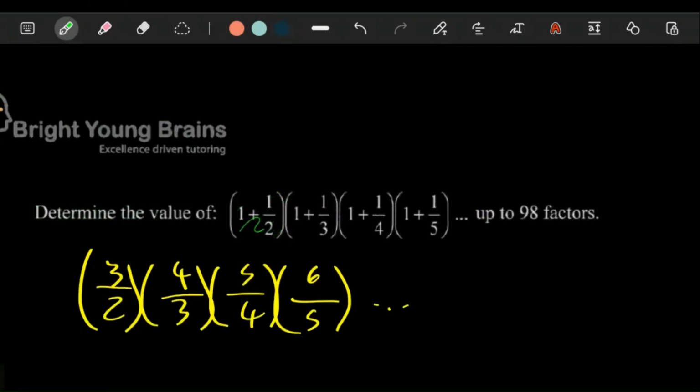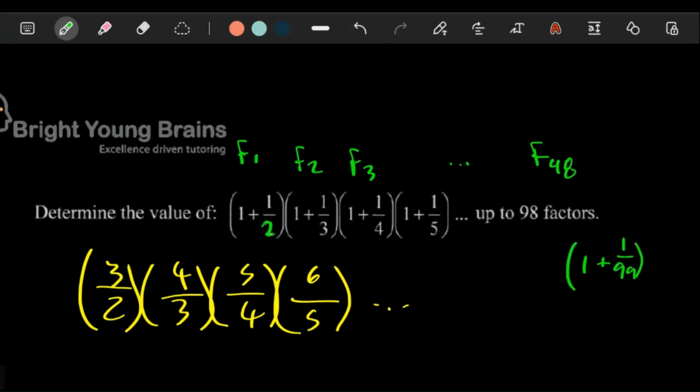Let's just say F1, because they're talking about factors here. The first bracket has a 2 at the bottom. The second bracket has a 3. The third bracket has a 4. The fourth one has a 5. So the 98th bracket would technically have 1 plus 1 over 99.